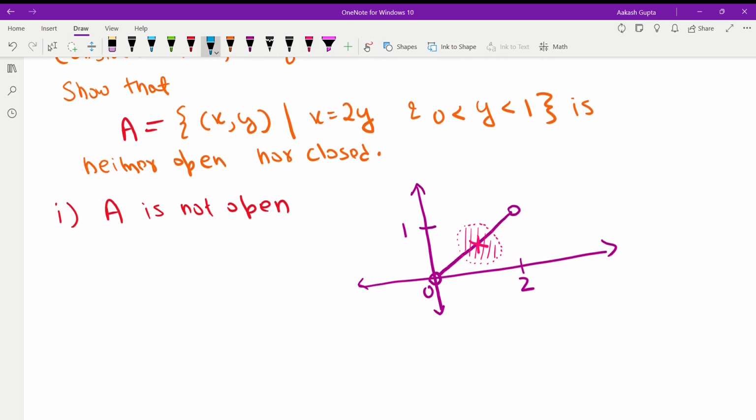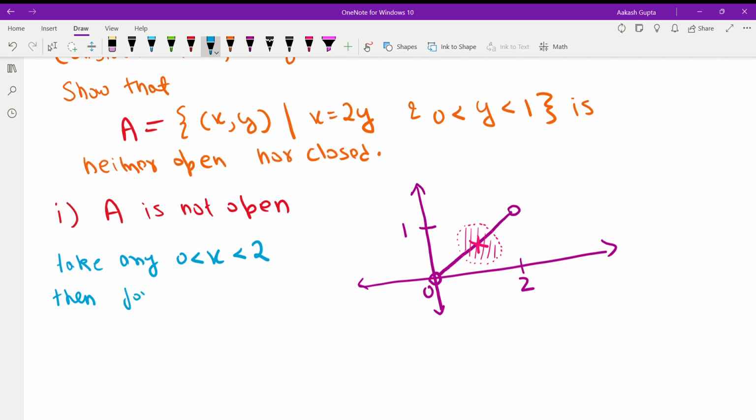So let us proceed. Take any x strictly lying between 0 and 2.